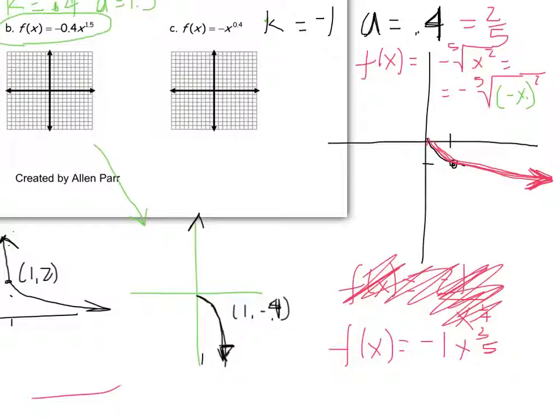Then just doing this problem made me realize how to rewrite letter C. I could have rewritten letter C in this format. F of x equals -0.4 times x to the 3/2. Let's see, this would be 1.5.